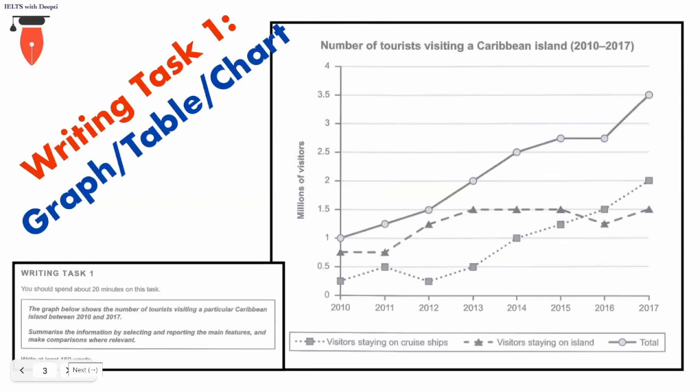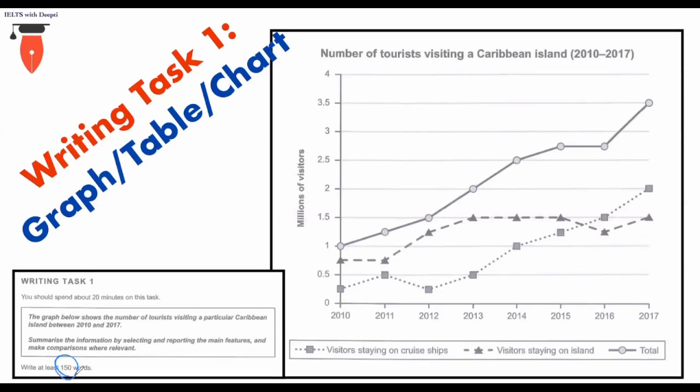And that is a graph, a table, or a chart. So in a task like this, we can clearly see that the word limit is at least 150 words, which means the minimum number of words that you should write is 150. And you can obviously write more than this, but you also need to understand that you have to spend 20 minutes on this task.